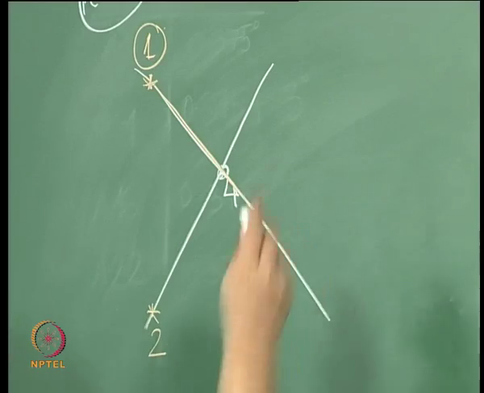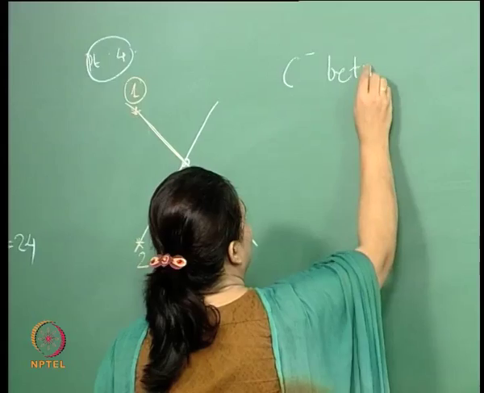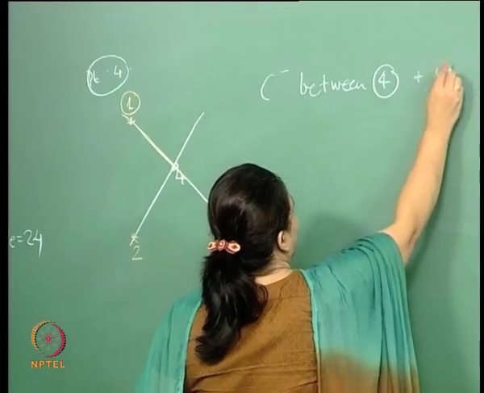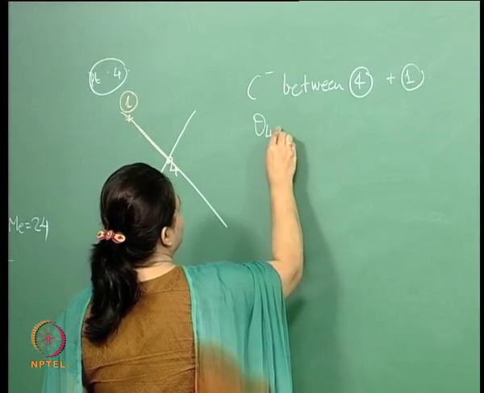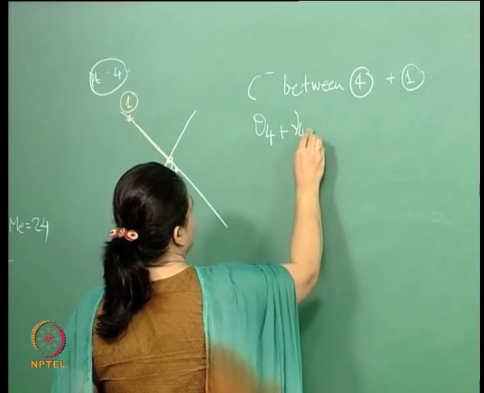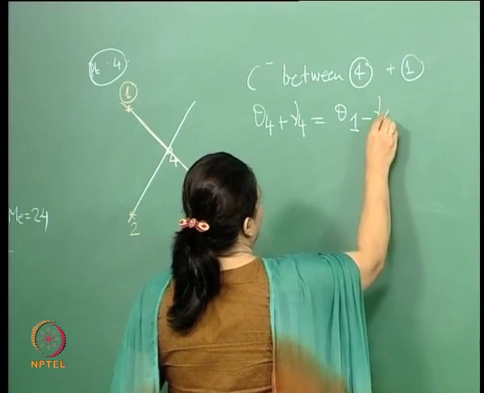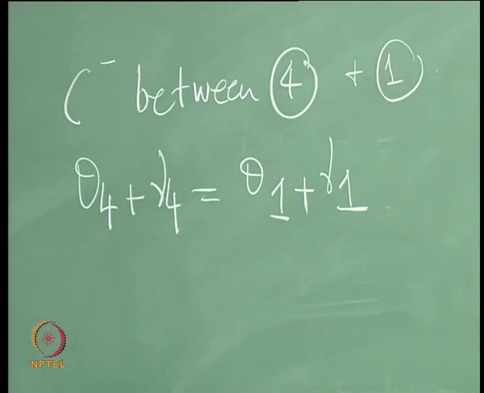This is C minus between 4 and 1. So theta 4 plus mu 4 is theta 1 plus mu 1, right. Now theta 1 is 2 and mu 1 is 10, which we found from before.